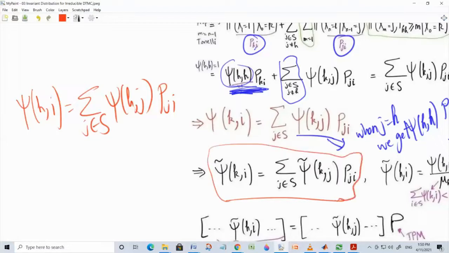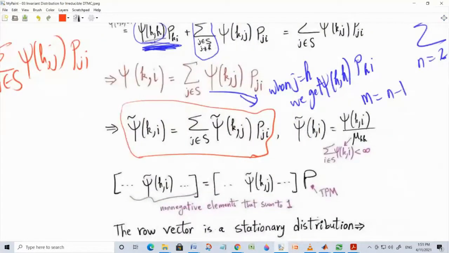So those are the normalized psi's, and if you look at this equation, initially it may seem meaningless to you, but actually it has a meaning. There is a row vector and one of its elements is psi tilde of k and i, and here we have a summation. This summation is what you get if you multiply this row vector by the i-th column in the transition probability matrix.